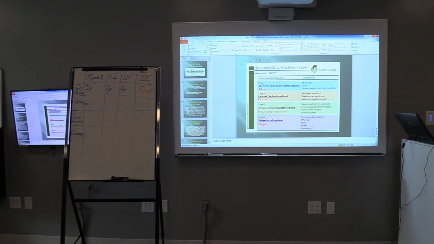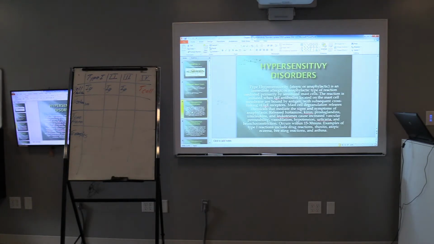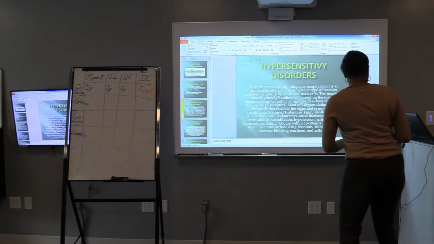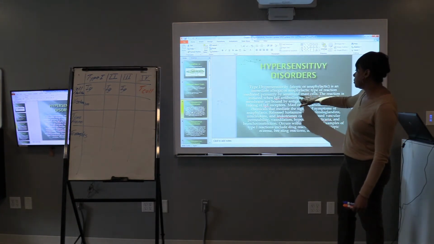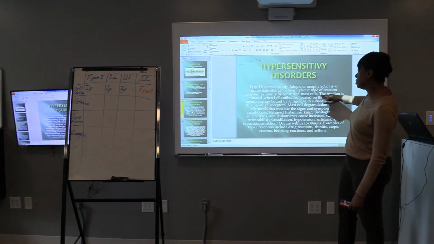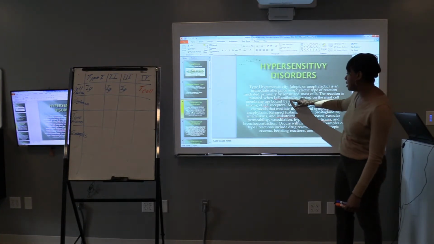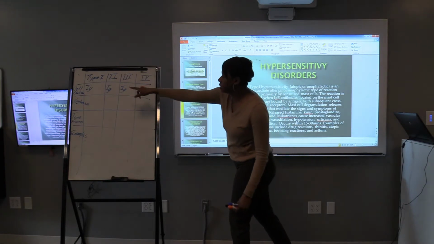let me go back to type 1 just to use that as an example. I don't like this board because I can't highlight it. So say for example, starting here, the reaction is initiated by the IgE. Well, the IgE, you'll put this here as well in the type.